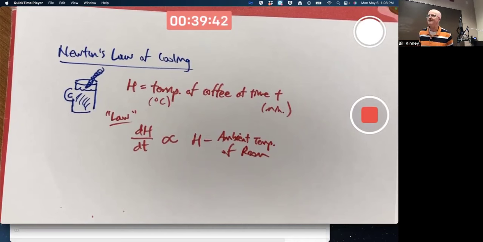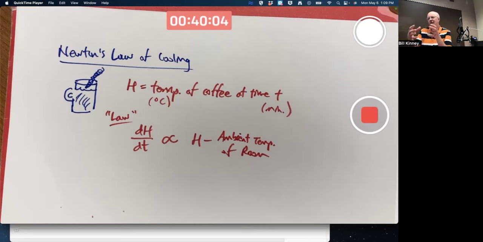This is making some simplifying assumptions, one of which can be realized by actually stirring the coffee. You're stirring it, you're keeping it well mixed so that you don't have to worry about spatial effects.